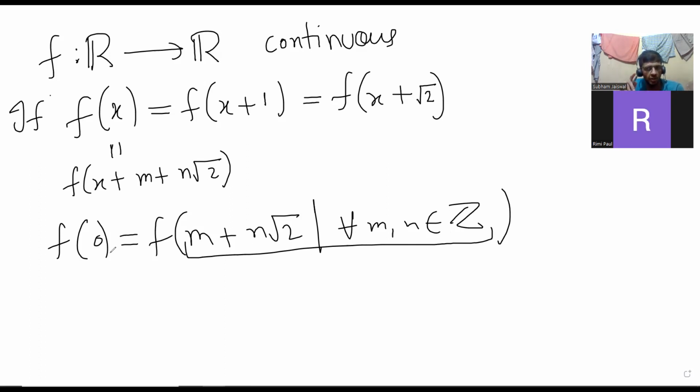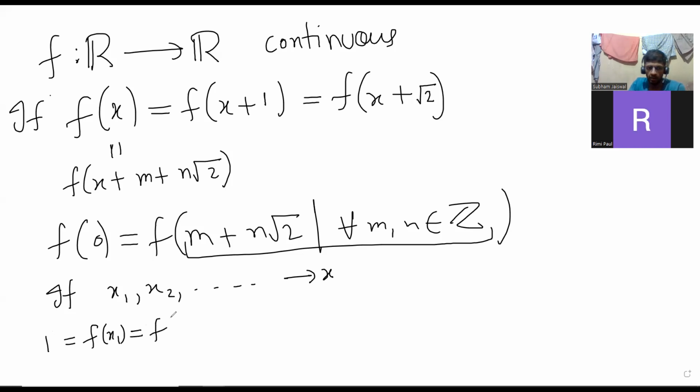Now come to the definition of continuity. If x1, x2, and so on converge to x, and let's say I tell you that f of these are all equal to anything, say equal to 1. It's given.